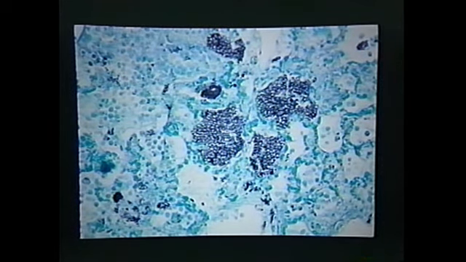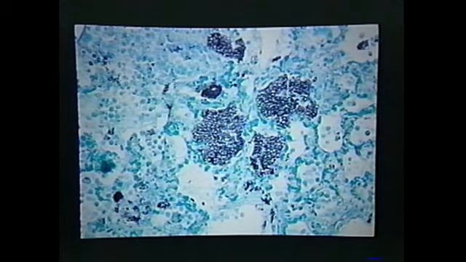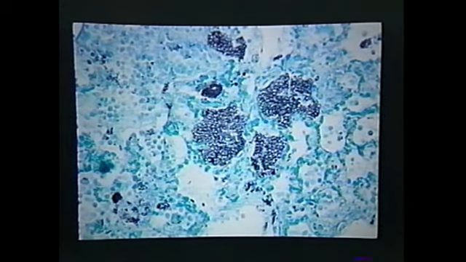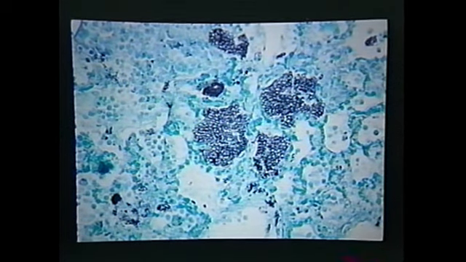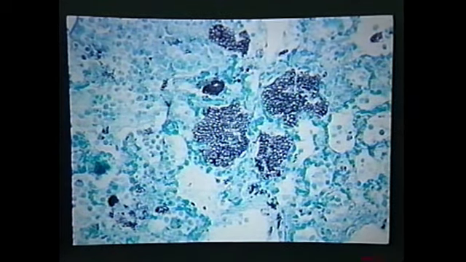So in this case, the rat was given a protein deficient diet that contributed to susceptibility to pneumocystis infection.